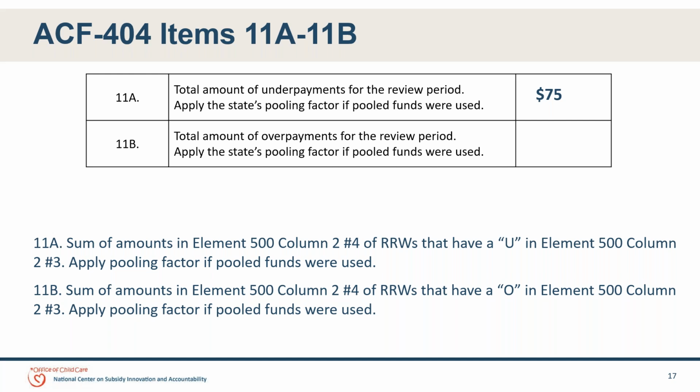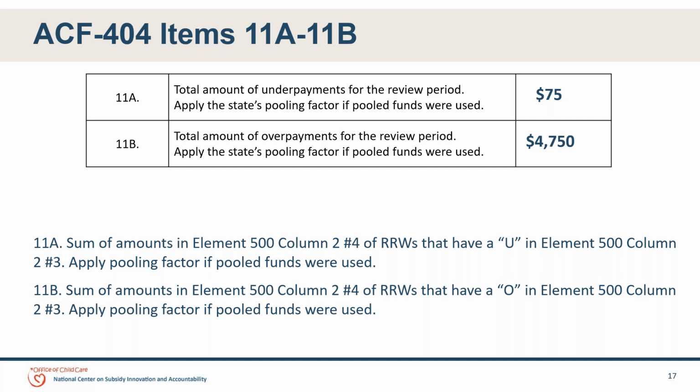And in 11B, you'll do the same thing that you did in 11A, but for the overpayments. So sum up the amounts that were entered in element 500, column 2, number 4 of your record review worksheets for only those cases that have an O entered in element 500, column 2, number 3. Apply the pooling factor for both of these, 11A and 11B.